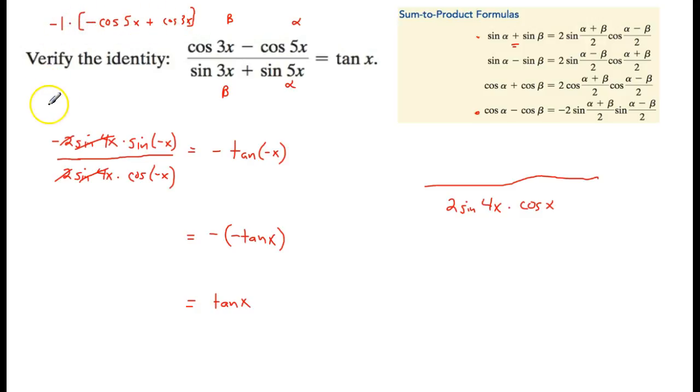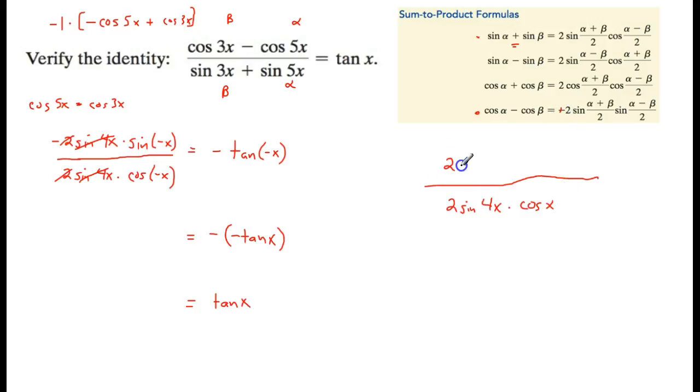And when I do that, I will change this to the cosine of 5x minus the cosine of 3x. Okay, so I multiplied this by negative 1, and I've created one that looks like this one again. Okay, but since I multiplied by negative 1 to make it look like this, it's really the opposite of this. So I need to multiply this side by negative 1, which will just make that a plus.